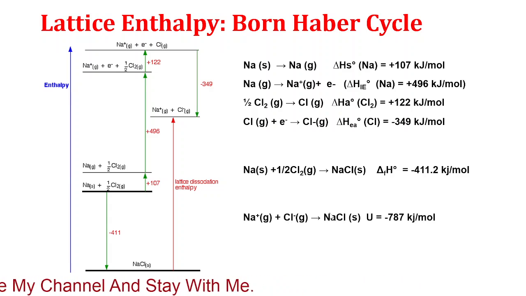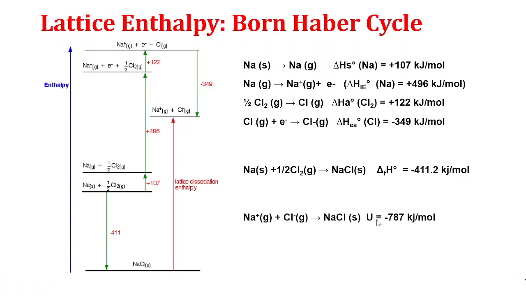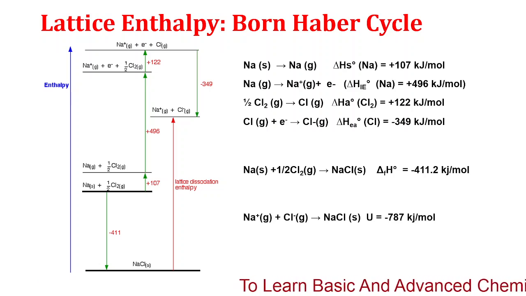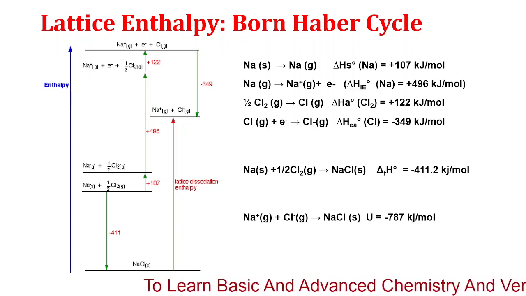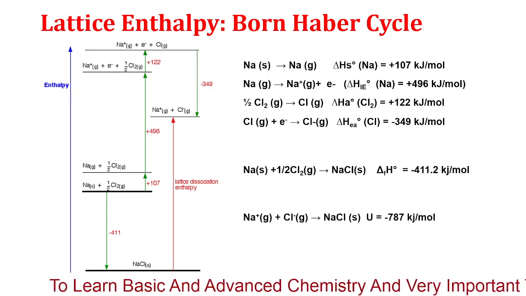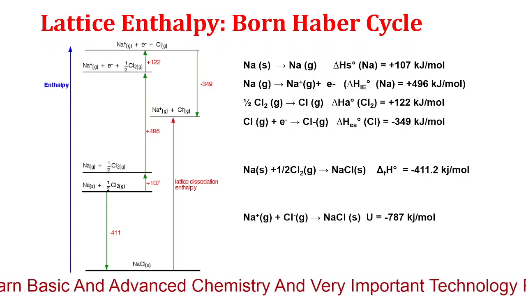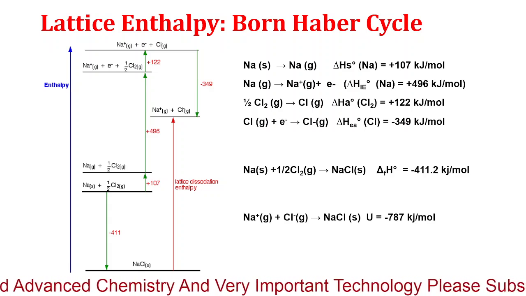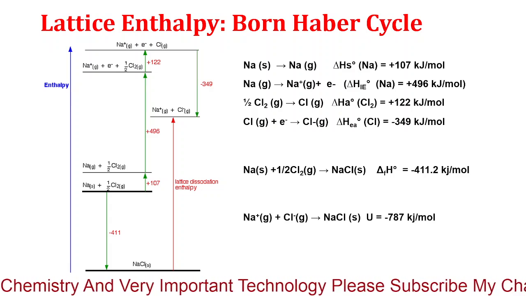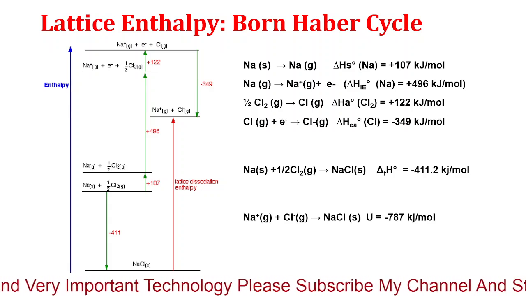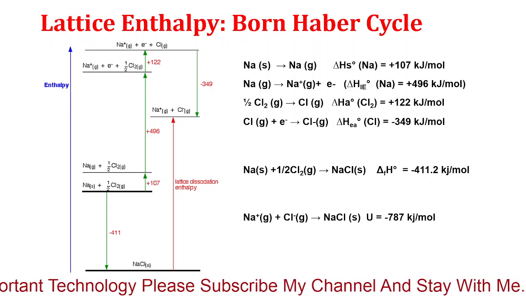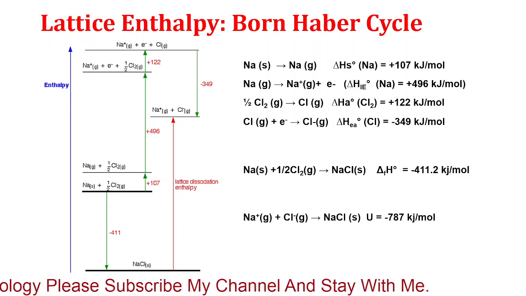So how much energy is released, we will be able to calculate here. The energy released when 1 mole of crystal or one lattice is formed from its elemental ions, that is known as lattice enthalpy or lattice energy.